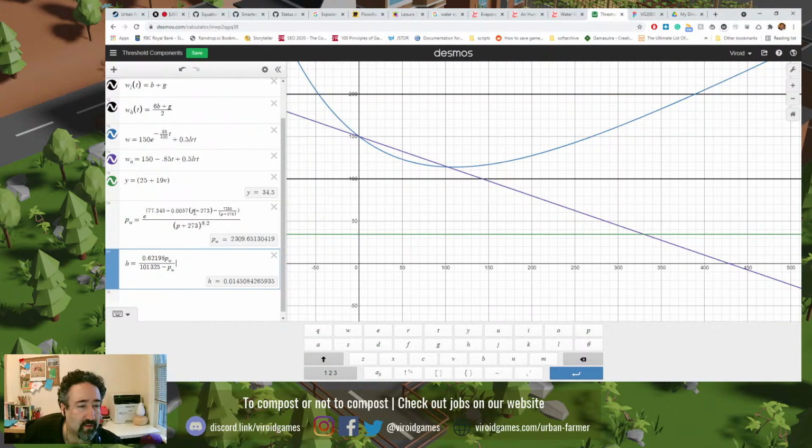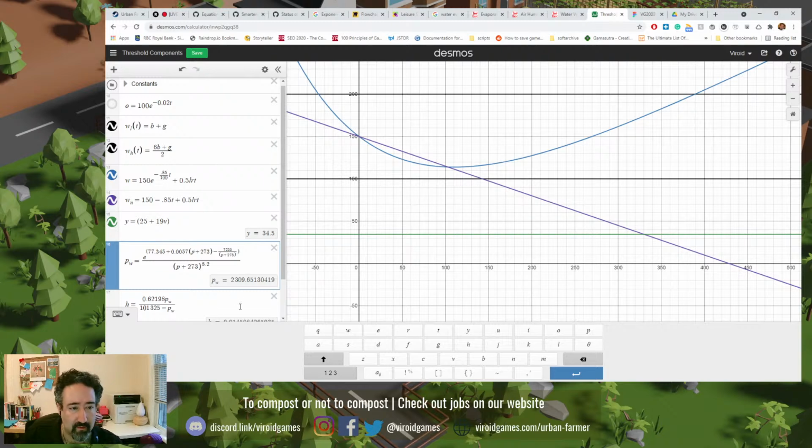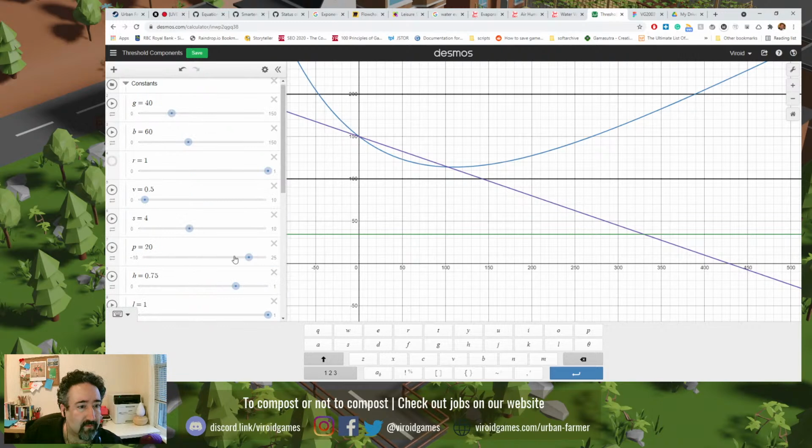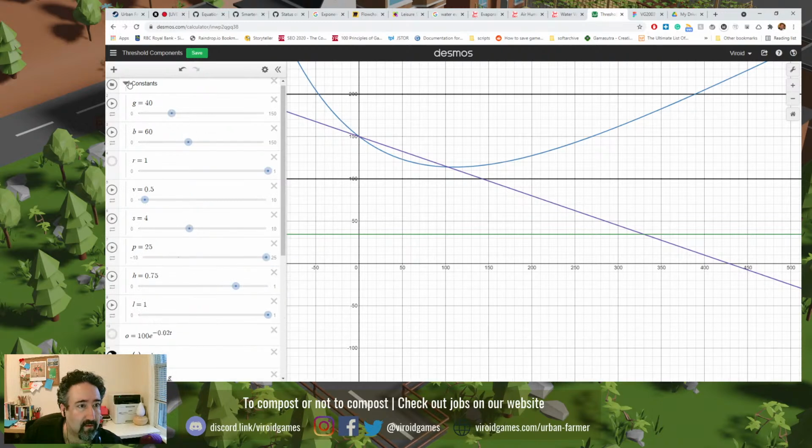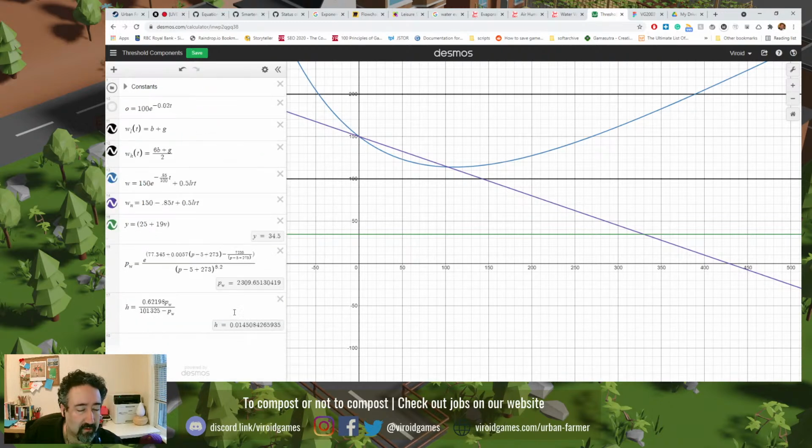So this 20 is actually going to be minus 5, because P is the temperature, right? Means this now has to be 25. Everything is going to check out. Awesome.